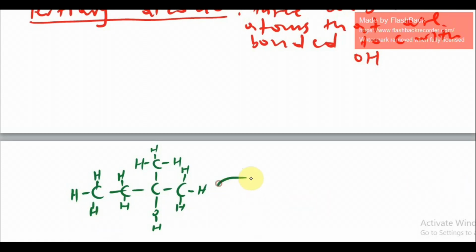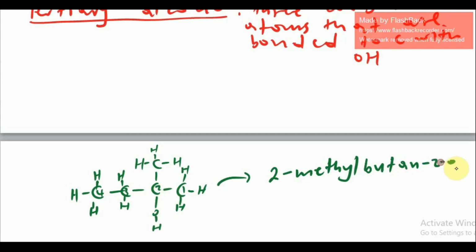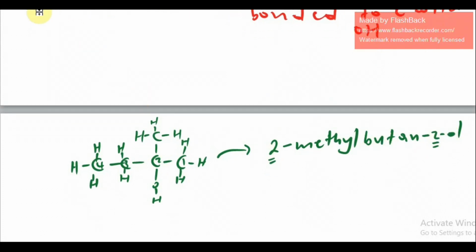Let's just name it 1, 2, 3, 4. So we have 2-methyl, the branch is on number 2. Then we have 4 carbon atoms, butane alcohol, and OH is on number 2. If you see the name, there is 2-ol and 2-methyl. Therefore, this is a tertiary alcohol.